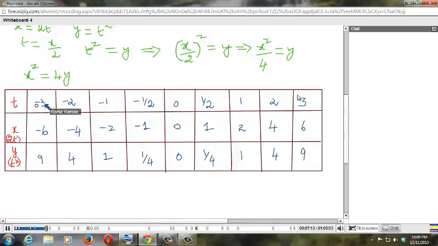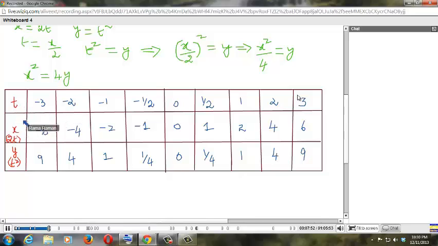Say when t is minus 3, minus 6, 9 is one point. Again, when you change t to minus 2, then for the same value of t, x, y take the form minus 4, 4. So for a particular value of t, when you find x and y, t is a constant. In order to get different sets of coordinates for different points, we keep varying the values of t, so that becomes a variable. So that is why the parameter partly behaves like a constant and partly as a variable.